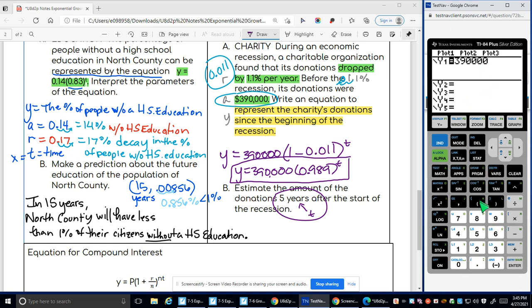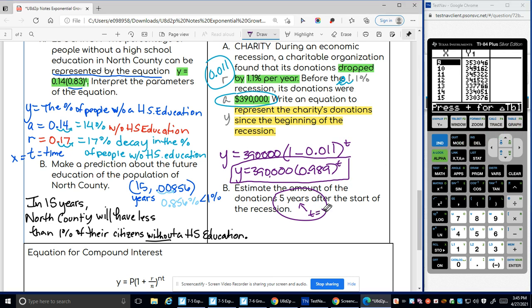I do. Times 0.989, close parenthesis, to the power of, it doesn't like t, it likes x. Let's put that in, second table. So let's keep in mind that t is also represented with x. I look for 5. There's 5. And there's my answer. So estimate the amount of donations 5 years after the start of the recession.